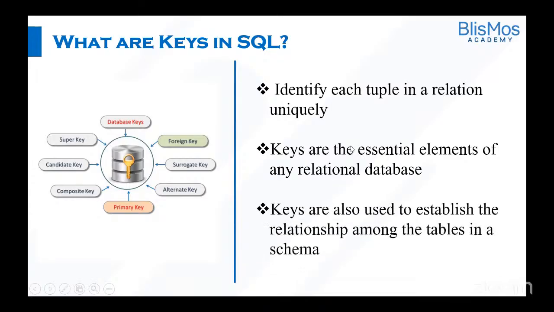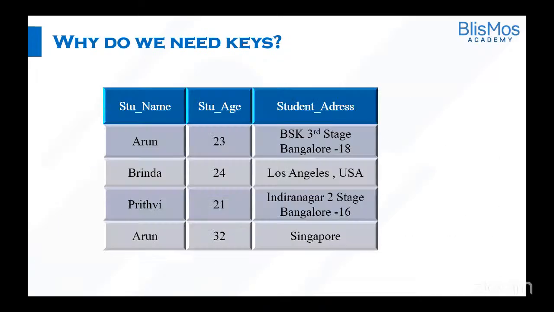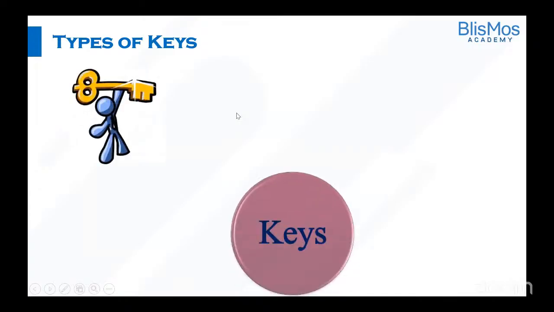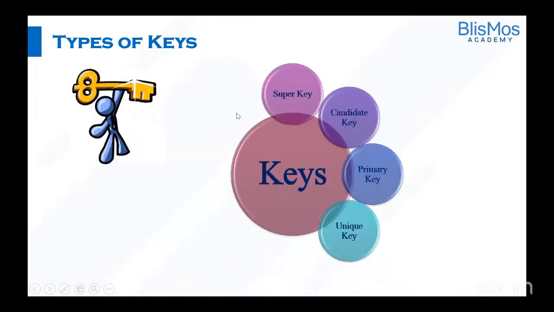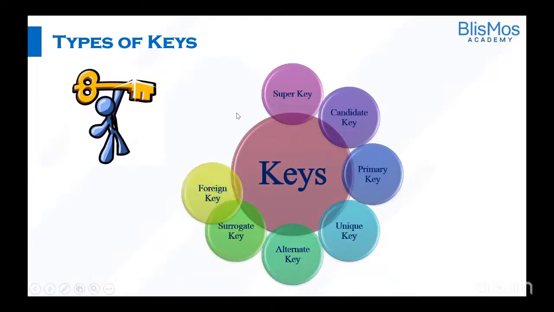And also we understood why we need keys by example. Are you guys able to see my screen, all of you? Yes, sir. Awesome. We also understood why we need keys with an example, right? And then we understood there are different types of keys. One is super key, candidate key, primary key, unique key, alternate key, surrogate key, foreign key, and composite key.